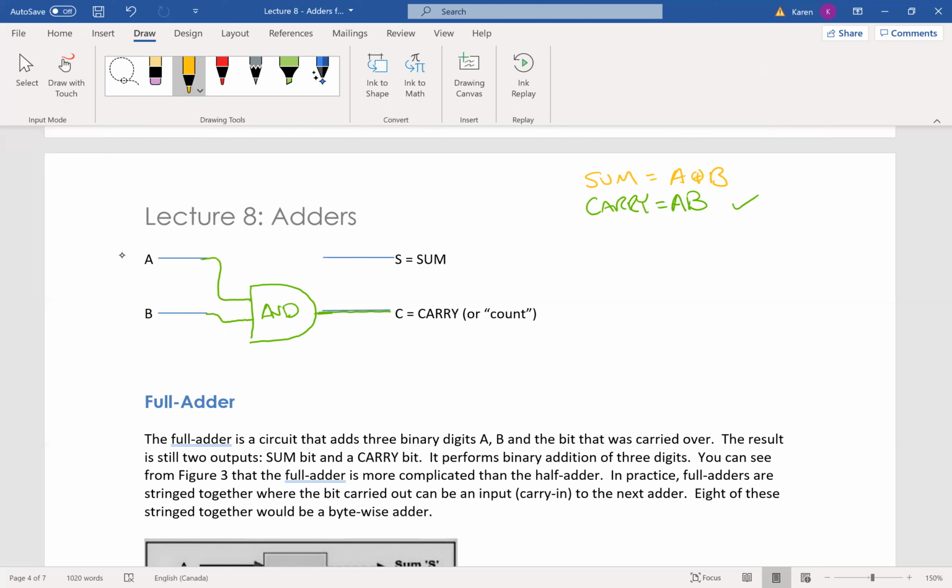Now, the sum output was an exclusive OR, with the inputs A and B. So A goes in and B goes in. So this is a half adder.